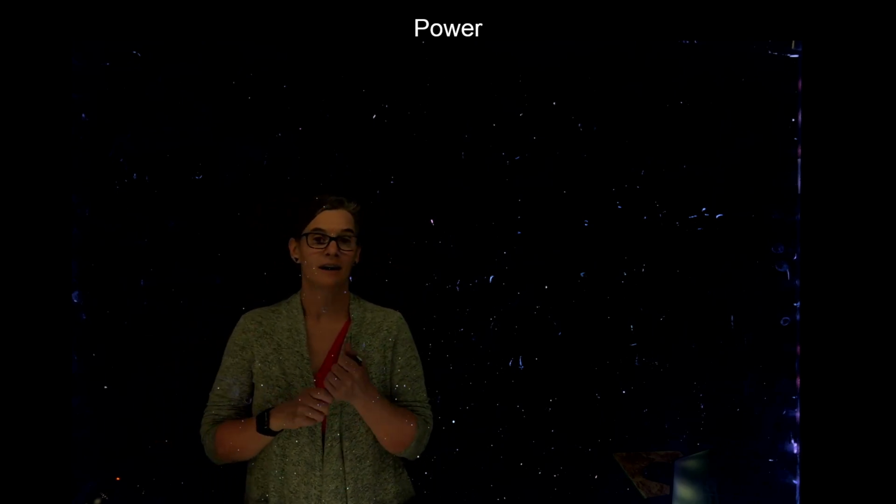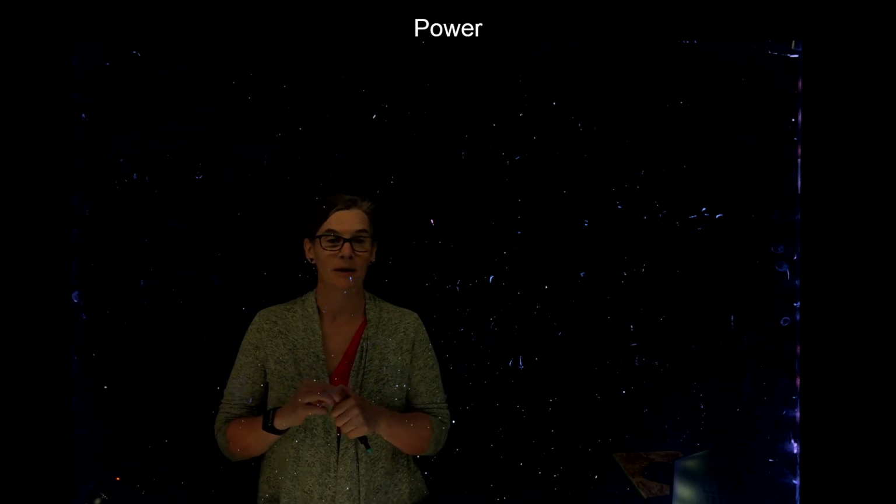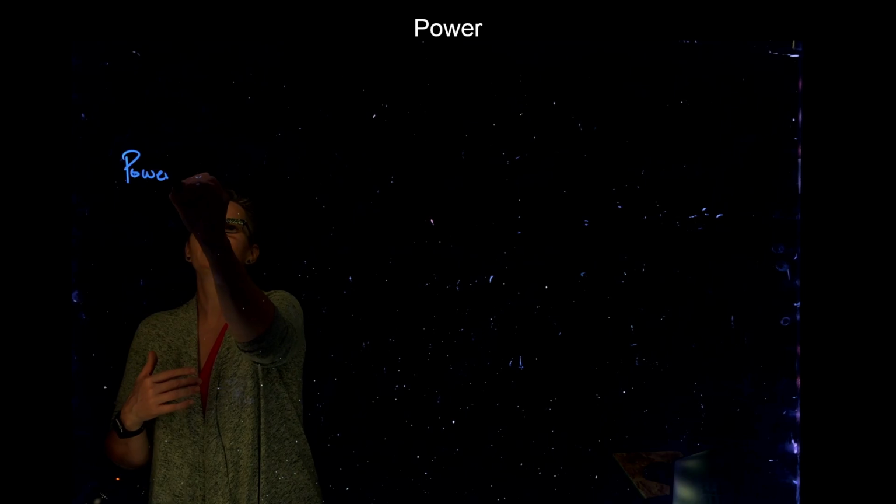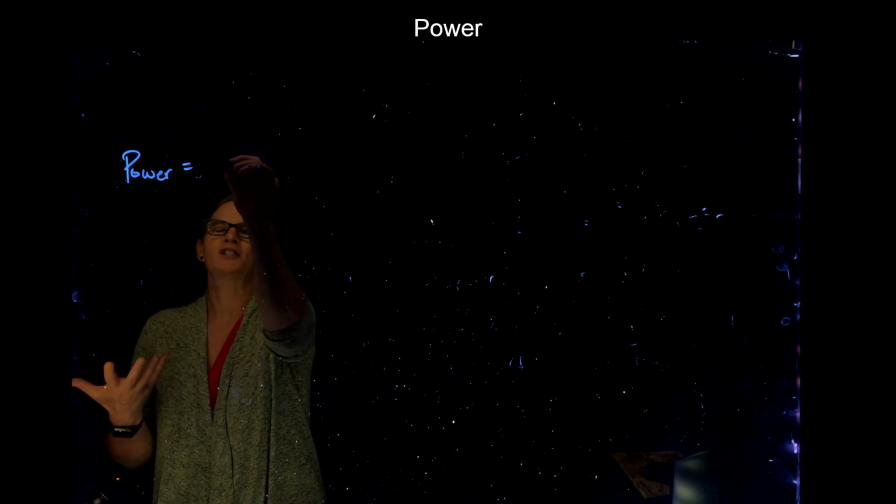So you might recall from Physics 1 that power is related to the work a device can do in an amount of time. So, energy per time. Power, remember, is equal to the change in energy per time.